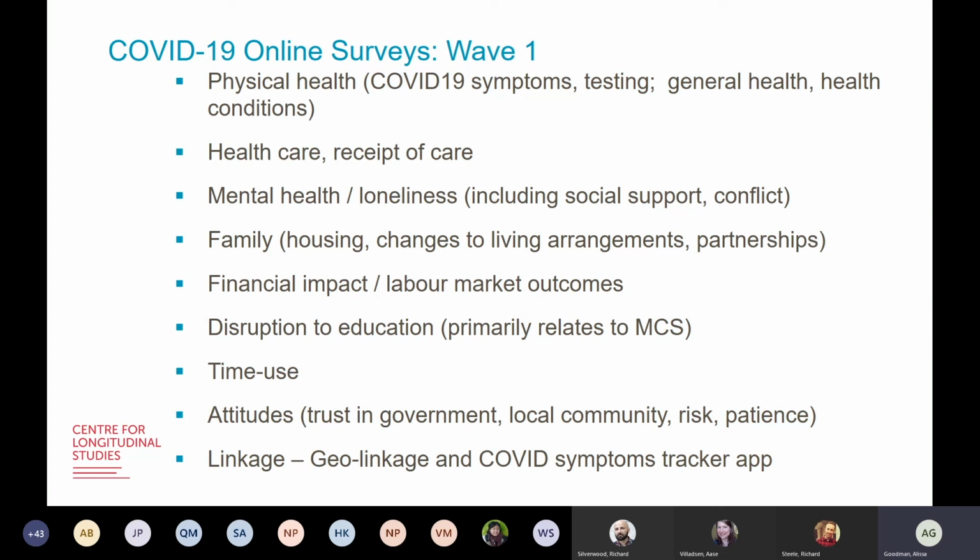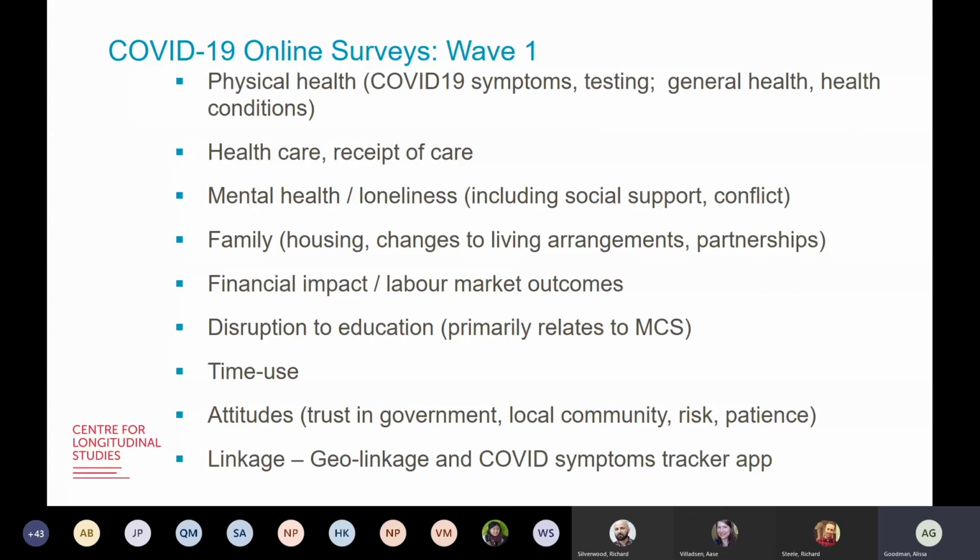We have a question on time use that Alissa is going to talk about later, a number of questions on people's attitudes, including trust in government and local community, and we've been working on a number of linkages into the survey as well. So a set of geographical linkages should be available soon, and also we encourage study members to sign up to the King's College COVID symptoms tracker, and we're working on linking at the individual level the results from the symptoms app and results from the study.